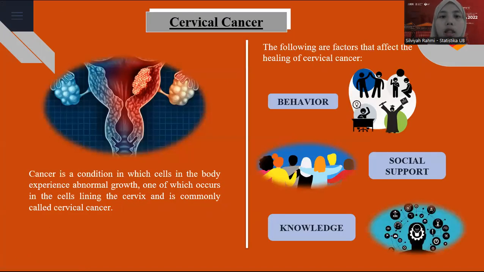Now, then we have some information about cervical cancer. Cancer is a condition where cells in the body grow abnormally, and when it occurs in the cervix cells, it is called cervical cancer. These are the following factors that affect someone who has cervical cancer. The first one is behavior, social support, and also knowledge.